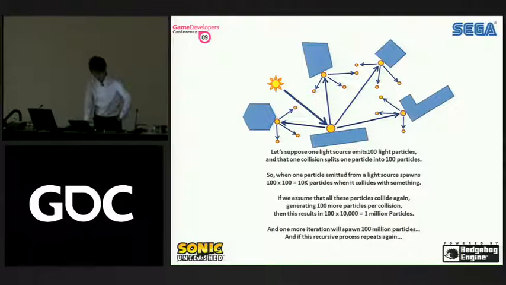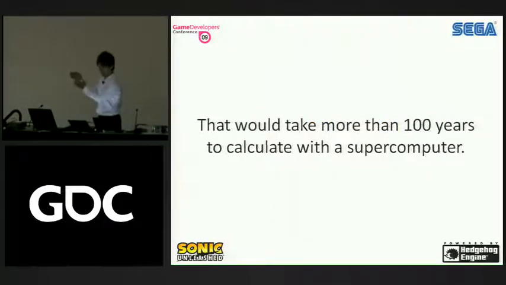Let's suppose one light source emits 100 light particles, and that one collision splits one particle into 100 particles. So when one particle emitted from a light source collides with something, it spawns 100 times 100, that's 10,000 particles. And of course, we assume that all these particles collide again, generating 100 more particles per collision.